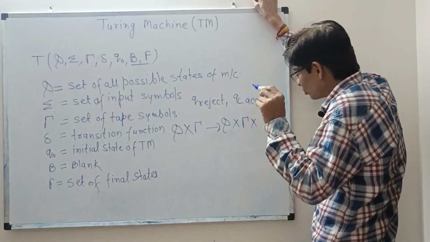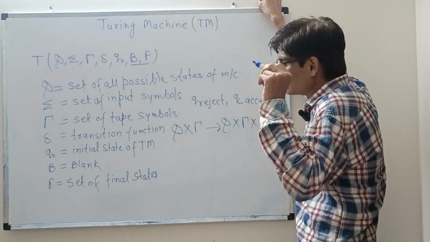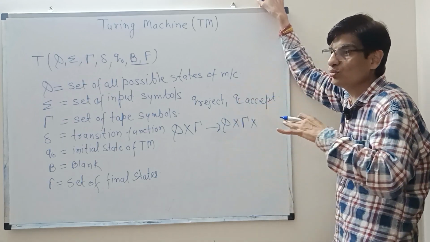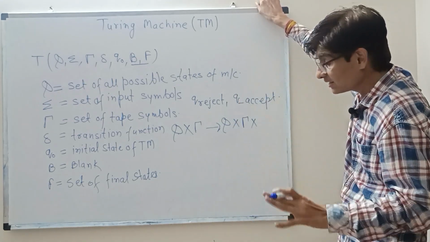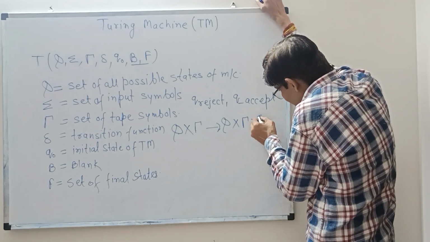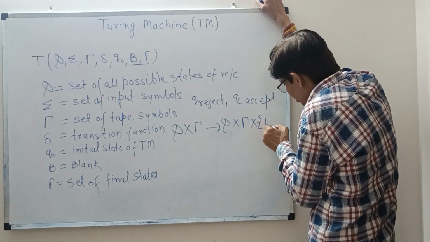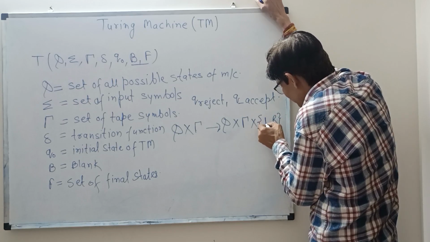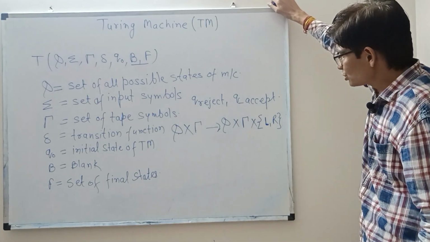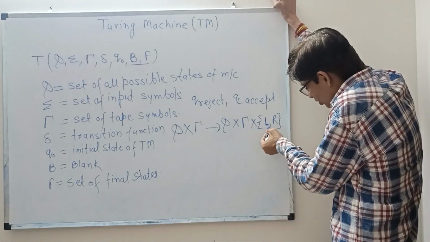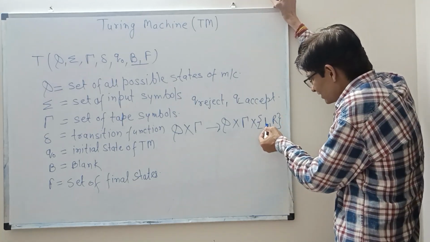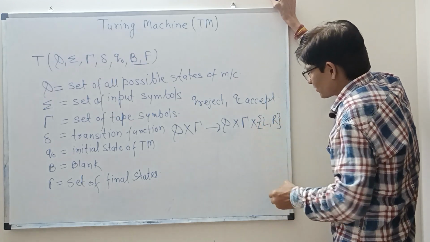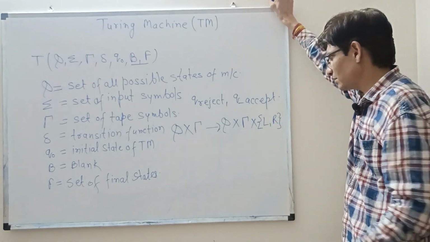One more thing: as I told you, the read and write head can move in any direction. It will either move left or move right, and this direction is mentioned with each transition of the Turing machine. So this is how the transition function of the Turing machine is represented.